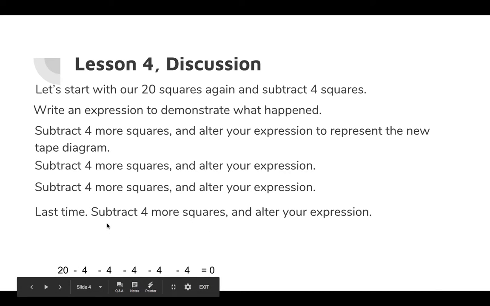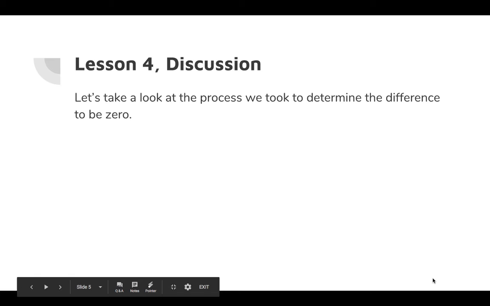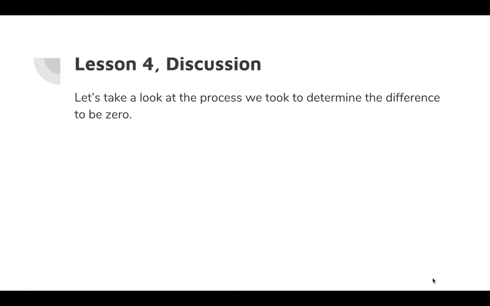We took away 4, 1, 2, 3, 4, 5 times, and we got 0. Let's take a look at the process we took to determine the difference to be 0. 20 take away 4 is 16. 16 minus 4 equals 12. 12 minus 4 equals 8. 8 minus 4 equals 4.